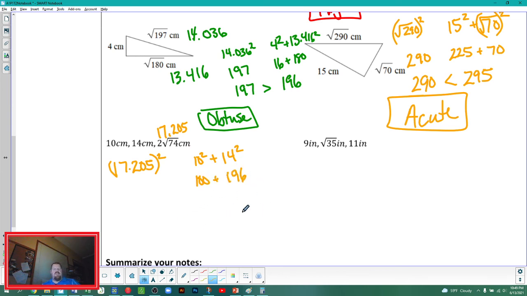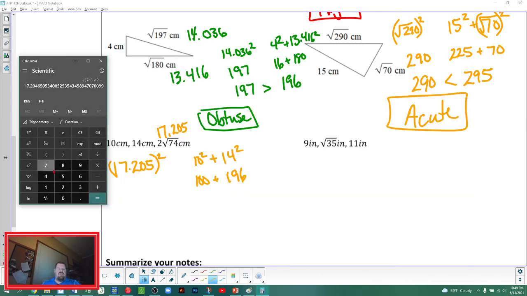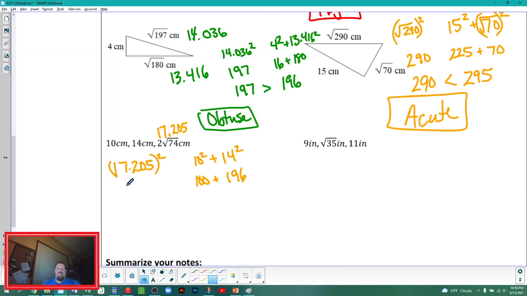It's 196. And then 17.205, I still have it in here. I might as well just square it. I get 296. And it turns out that those are equal, and that gives me a right triangle.